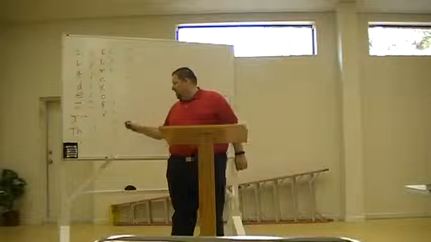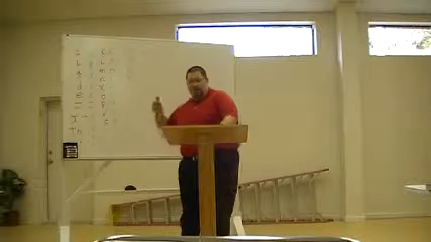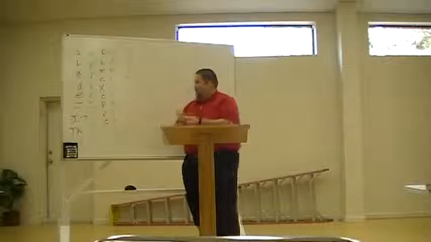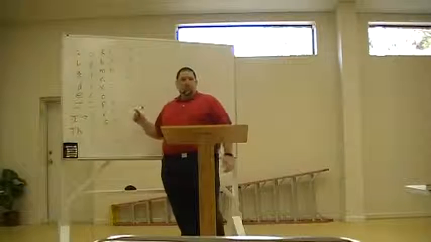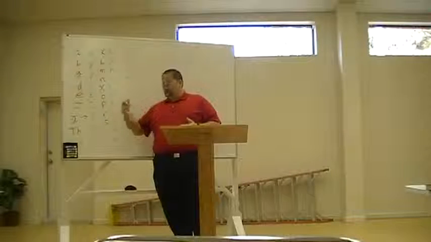Sigma, the English would be S. Now, some people mention this as well. I thought I mentioned this last week, but somebody asked me about it. Sigma has two forms. Well, all of them have two forms because all of them have capital and minuscule, or uppercase and lowercase. But sigma has then another form.